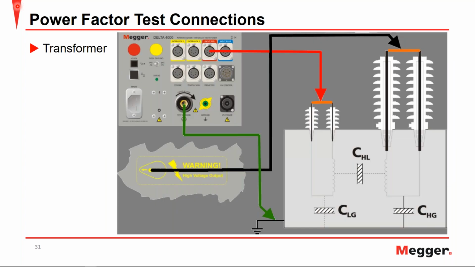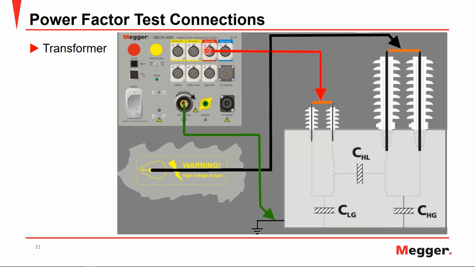Next, we have an example of our power factor test connections. And this is an example like you would see in the user manual or data sheet, in which we can see the test ground is connected to the test object, the ground of the transformer. We have our high voltage output from our high voltage unit, shown in this black arrow that goes to the high side of the transformer that has been shorted.